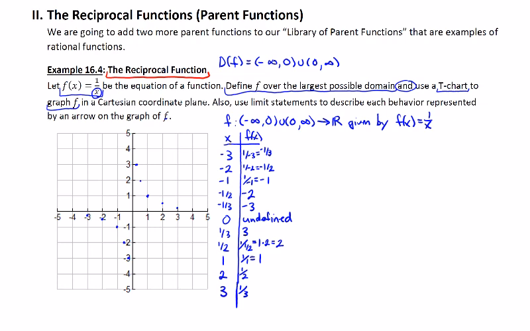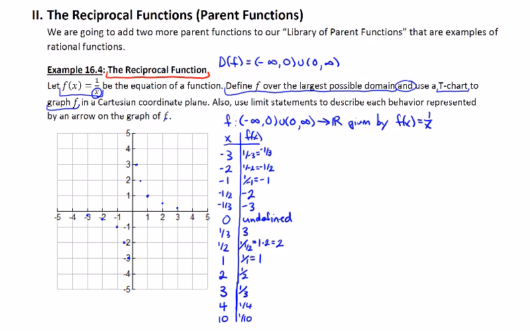Now, if the pattern were to continue in the positive x's, let's say that I go to positive 4 for an x, well, then I should end up with 1/4. If I go to 10, I would end up with 1/10. So even if I let x become really, really large, I'm always going to end up with a really small value for the y because of the reciprocal nature, the way that it makes it a fraction.